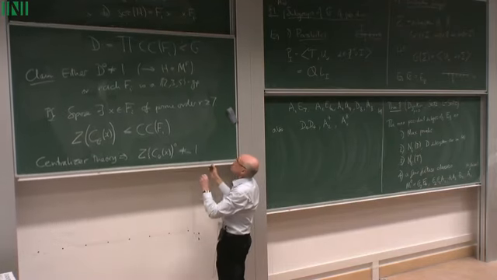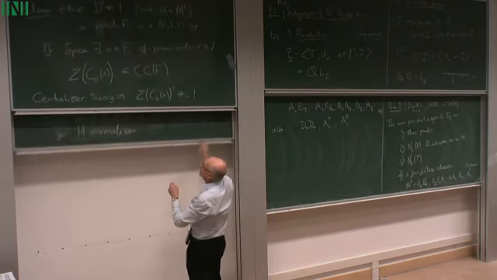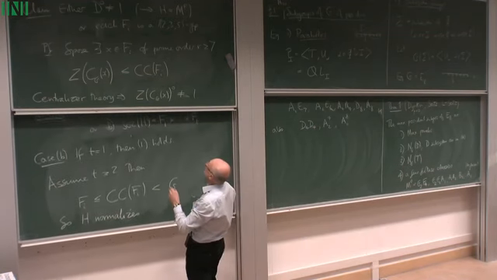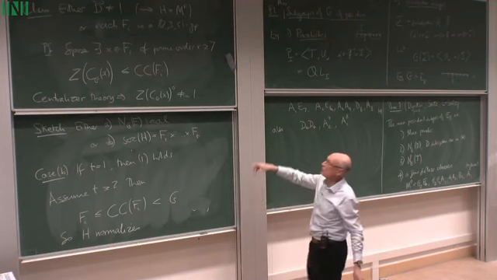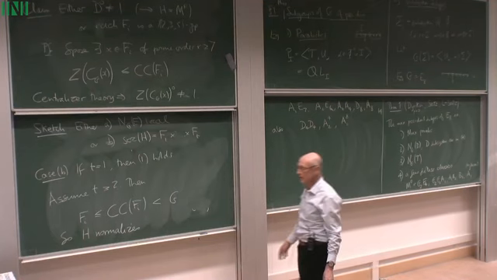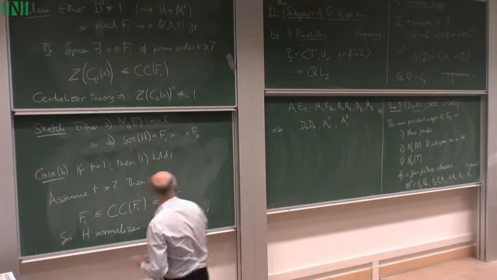Okay, so what's the upshot of that? The upshot of that is that we can assume each Fi is a 2, 3, 5 group. What are they?